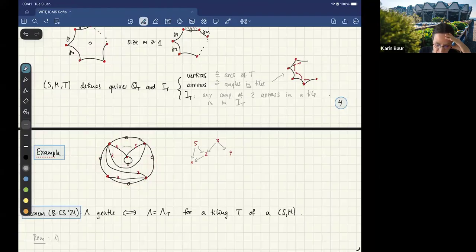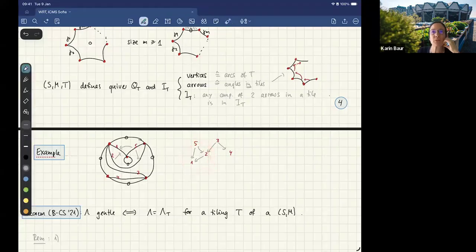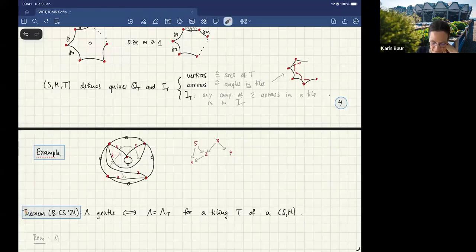So there is an angle from 5 to 1, there's an angle from 2 to 1, then there's an angle from 5 to 2. So these are these 3. And then there are 2 more, from 3 to 2 and from 3 to 4. Now we have to look at the relations. There's only one tile where we can compose 2 arrows in a tile. That's this strange tile involving both boundaries.